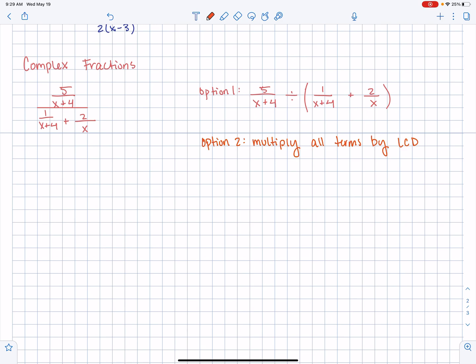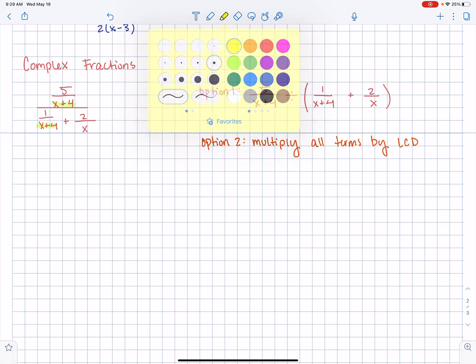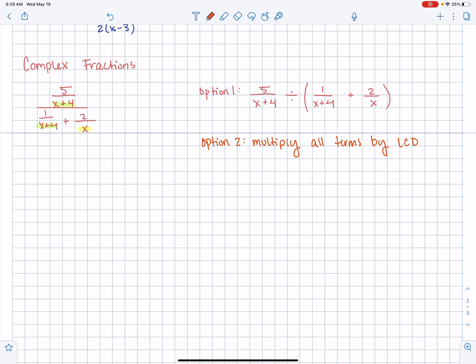So our least common denominator here for our denominators is that we have an x plus 4, and then we also have an x. So our least common denominator here in this situation is x plus 4 times x. All right, so we're going to multiply all of our terms by that.